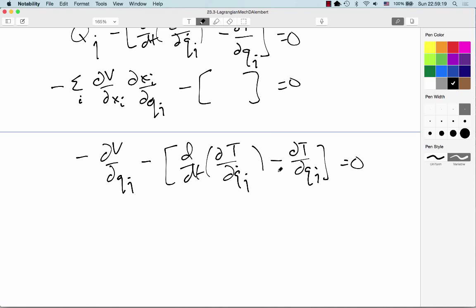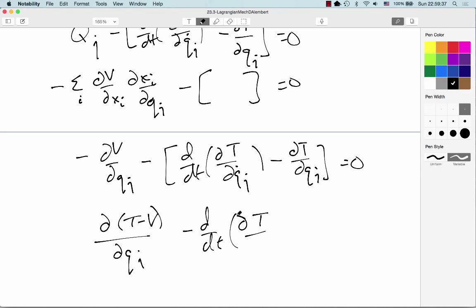So we got a minus is a plus. Let's just go ahead and bring that through over here. So this is going to become a partial of T minus V, this is starting to look more familiar, partial qj. So we've got my first Lagrangian there, minus d dt of partial T partial qj dot equals 0.